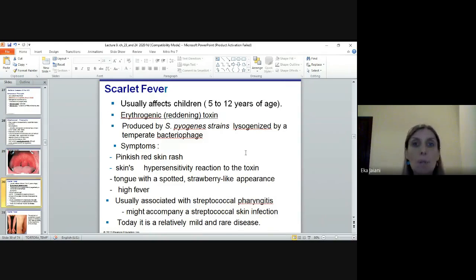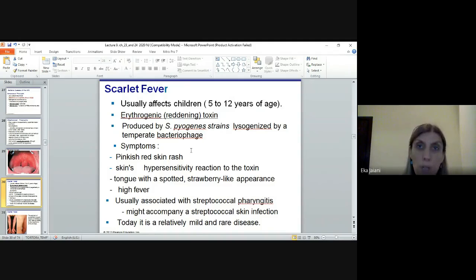And some Streptococcus pyogenes strains can produce a very potent toxin. This is erythrogenic toxin that can spread systemically and have systemic effects. In this case, people develop a skin rash. This is scarlet fever, and it is quite a severe condition. It has very high fever, and the toxin affects the mood, and it is quite commonly found among children.